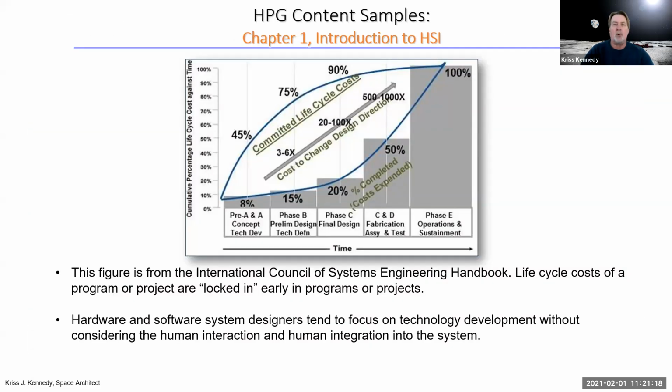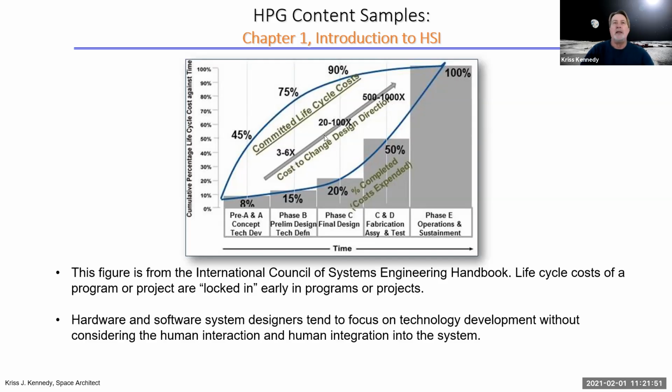So why is this important? Chapter 1 talks about the introduction to HSI and the whole idea that you spend 8% of your budget in the pre-phase A and phase A concept development, but you're committing quite a bit of cost to the life cycle. But when changes are made back here in your phase C, final design and fabrication, the cost to change that is from 20 to 100 times or even 1,000 times.